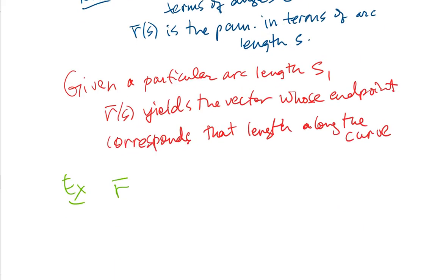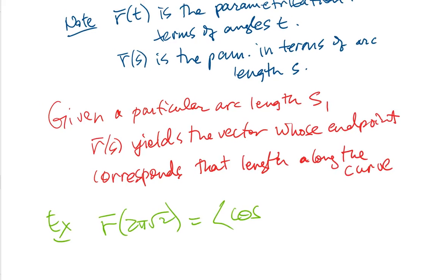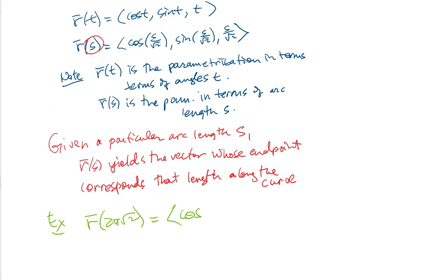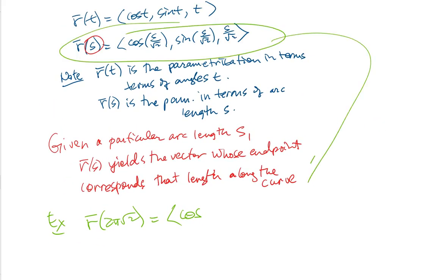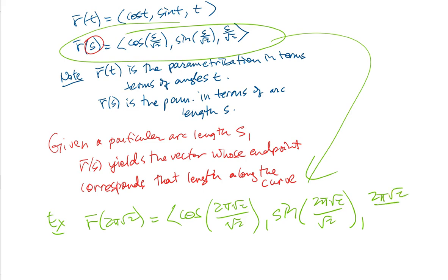R of 2 pi root 2 would be cosine of 2 pi root 2 over root 2, and then sine of 2 pi root 2 over root 2, and then 2 pi root 2 over root 2.